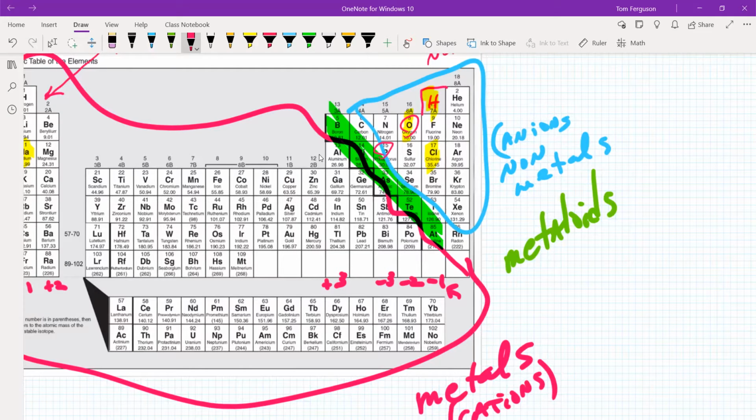So let's look at chlorine now. How many electrons does just plain neutral chlorine have? You guys need to know this, okay? What does that number there mean? Electrons and protons, right? So neutral chlorine has 17 electrons.